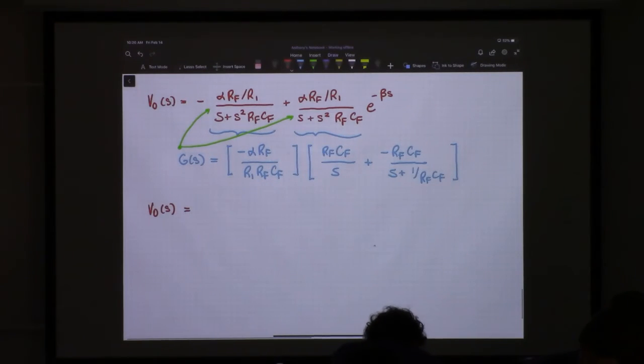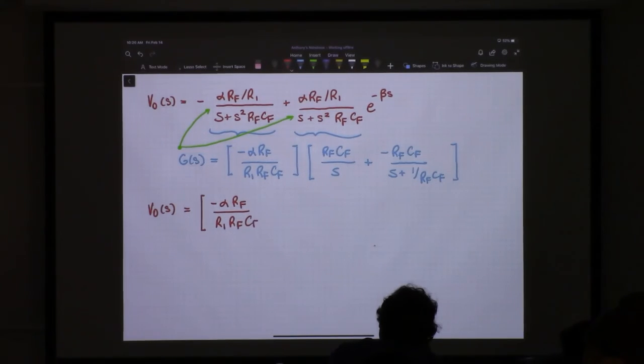Now the nice part is actually we can pull a lot of stuff out and make longer coefficients, which will shorten the fraction parts. So the first coefficient, or the coefficient for the whole thing, is going to be negative alpha RF over R1 RF CF.